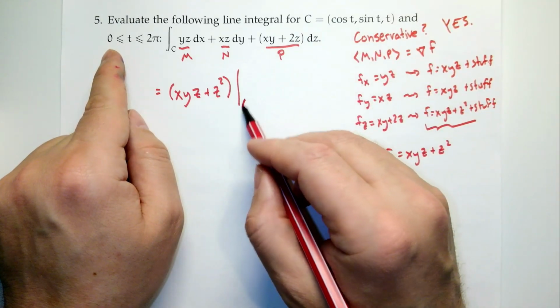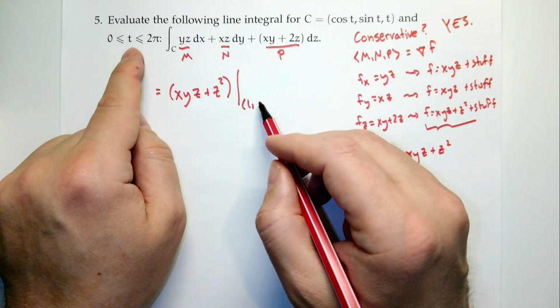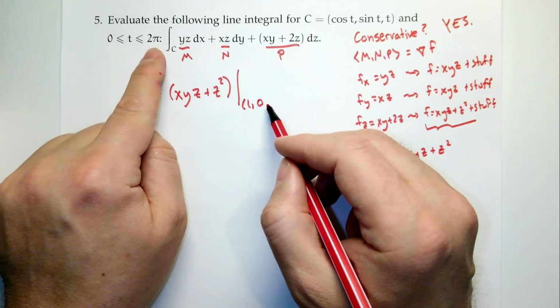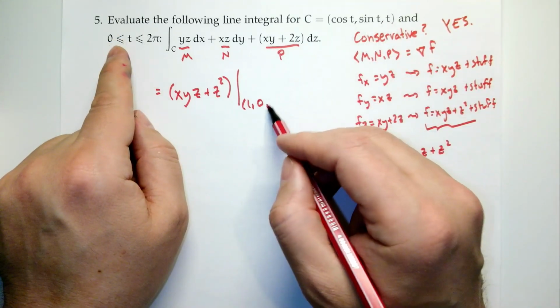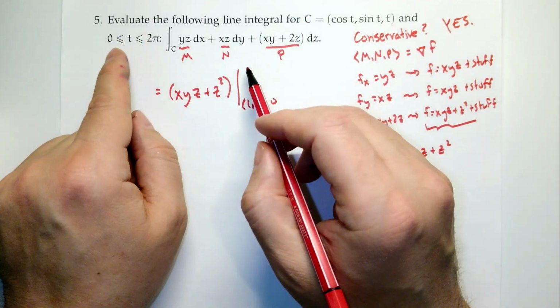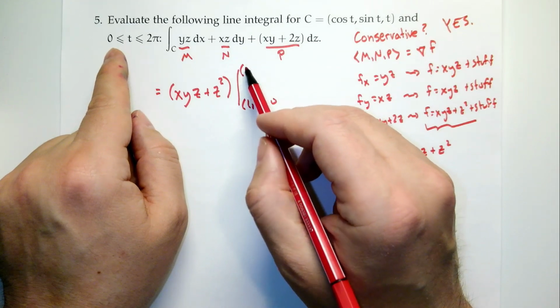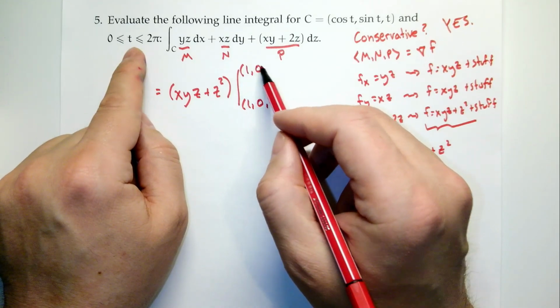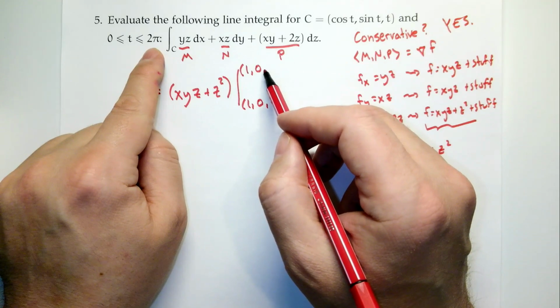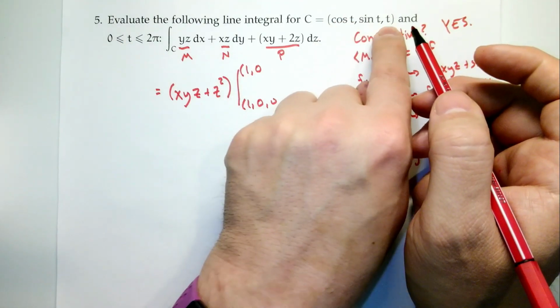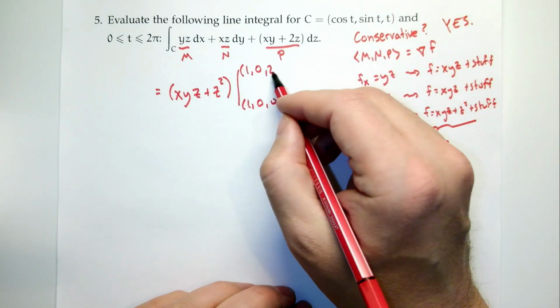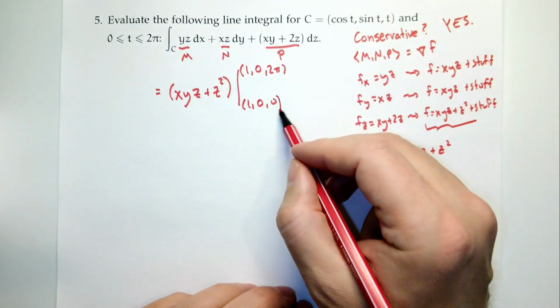Cosine of 0 is 1, sine of 0 is 0, so cosine 0, sine 0, 0. Now, 2 pi. Cosine of 2 pi is 1, sine of 2 pi is 0. Cosine 2 pi, sine 2 pi, 2 pi. Okay, so that's start and end.